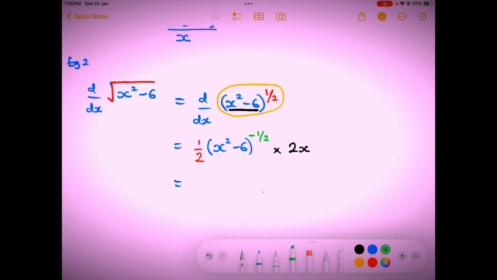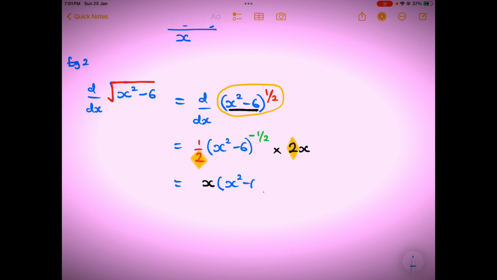From here, guys, because it is multiplication, these two down here can cancel these two at the top. Once you do so, you can simplify further by saying x times (x squared minus 6), close the bracket, everything to the power of minus 1 over 2.